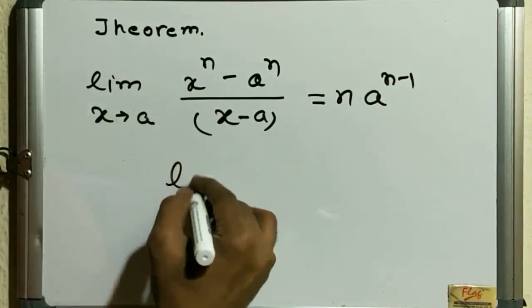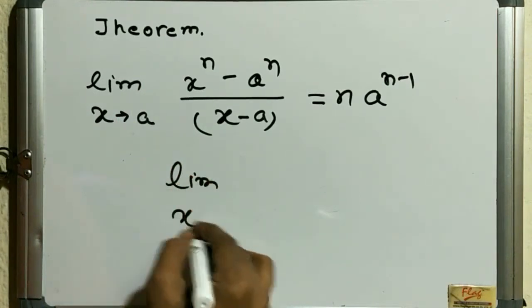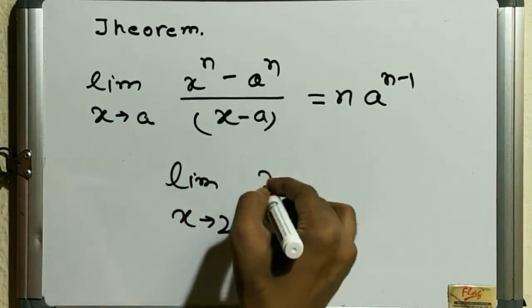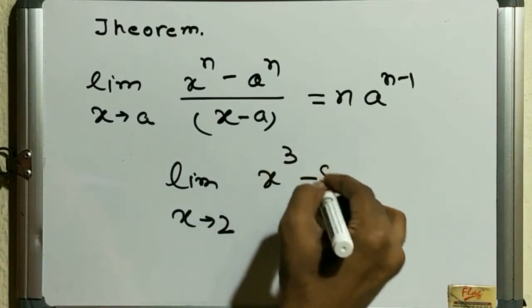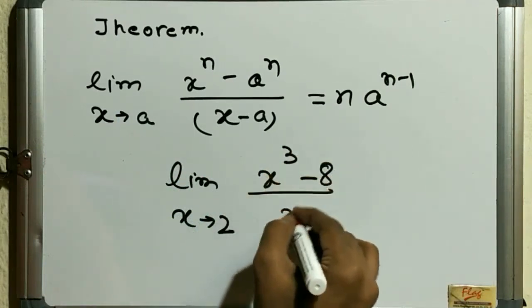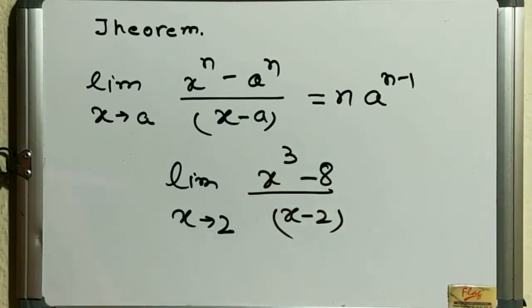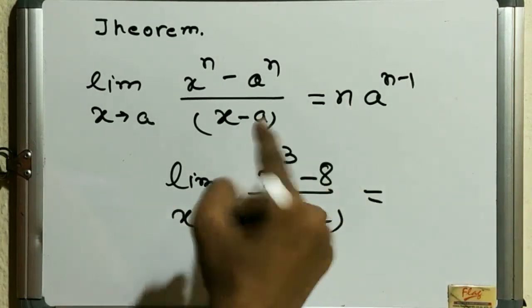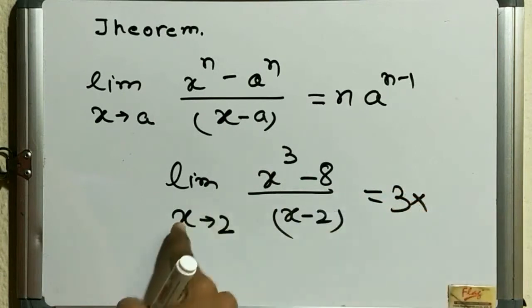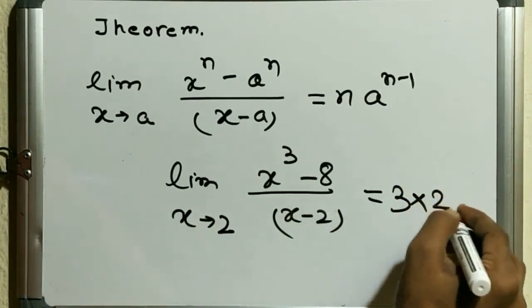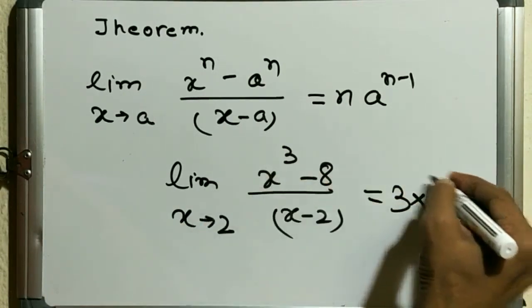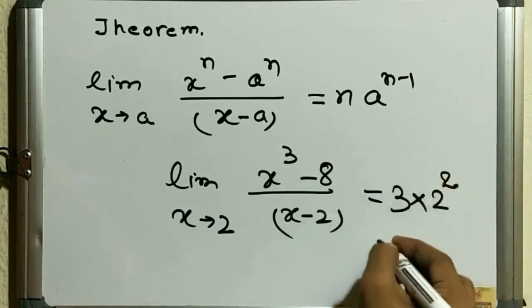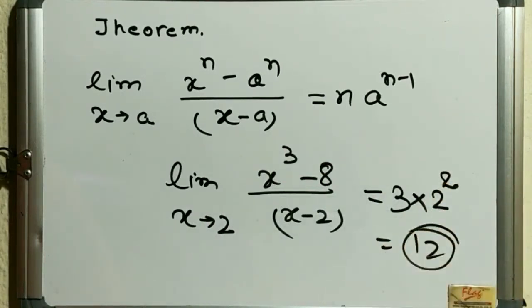For example, in the question limit x tends to 2, (x cube minus 8) divided by (x minus 2), n is the exponent, 3, into the constant term 2 to the power n minus 1, 2 square, which will be 12.